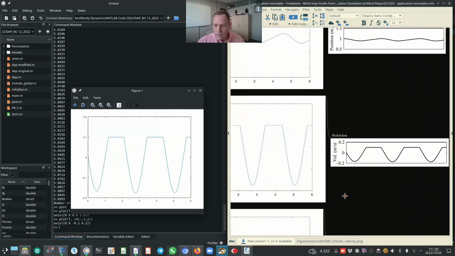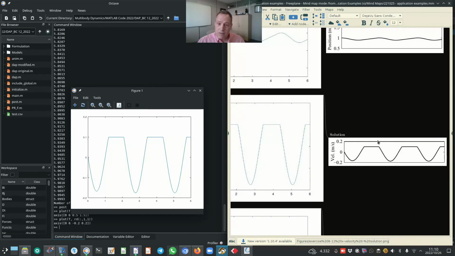First of all, it does correspond visually, although the aspect ratio is not the same, to what Prof. Nikravesh reported. What is interesting is that at time t0, the block starts with a negative velocity. So it's moving in the negative x direction towards the left hand side.